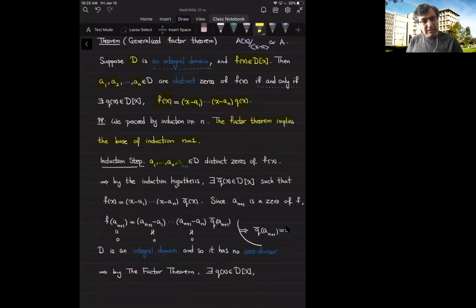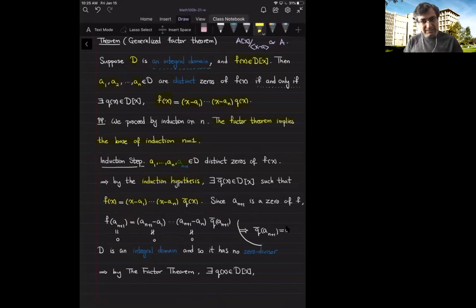So we start with the first n distinct zeros, and we use the induction hypothesis. By the induction hypothesis, we can definitely write f as the factors x minus a1, x minus a2, and x minus a sub n times some other polynomial q bar with coefficients inside the ring D. Now we are going to evaluate both sides at a sub n plus 1, the next zero.